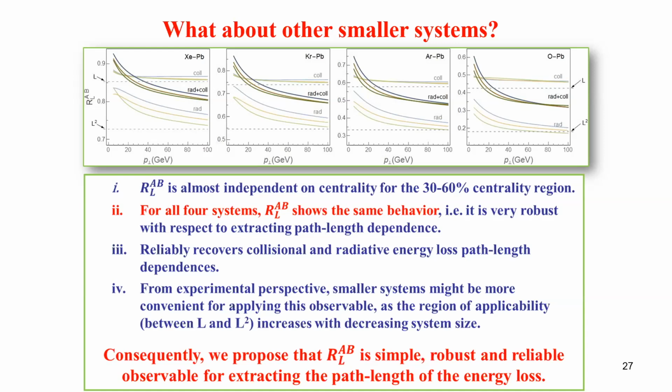Oxygen would be something in between, to see whether there is an onset and whether we can make predictions with quark-gluon plasma in oxygen.